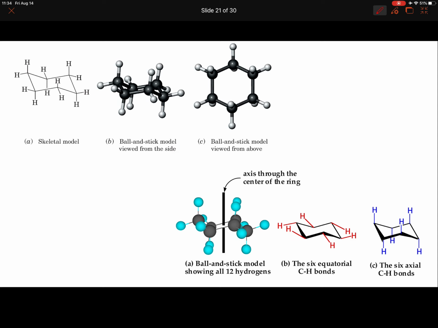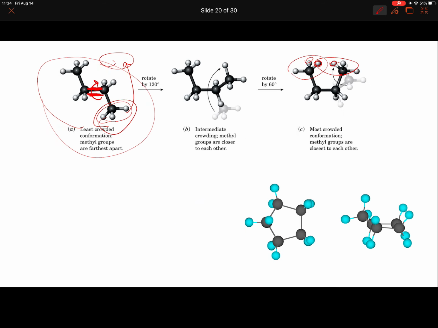Now, when we expand this to talk about rings, I forgot to mention cyclohexane or cyclopentane. The most stable conformation of a cyclopentane ring is something we call the envelope conformation, and you can kind of see it here. Four atoms are here, and then there's the little envelope tab, the fifth up top, like an envelope folding over.